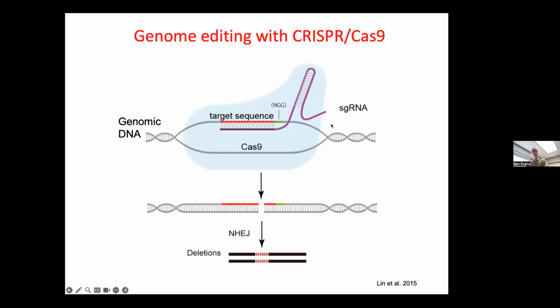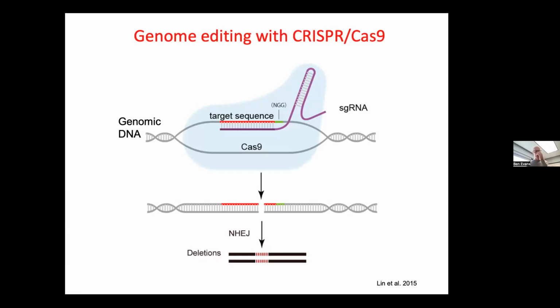When we inject this protein and the guide RNA into embryos, it can home in on a very specific region of the genome that we've specified by customizing the guide RNA sequence, and it causes cutting, which is then repaired through non-homologous end joining, an error-prone mechanism that frequently introduces deletions and insertions.